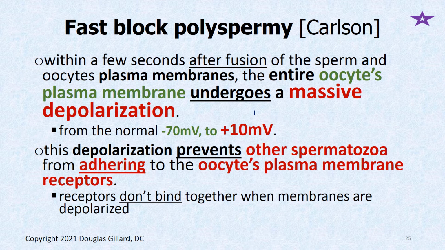So that's really, really strange. So you get a massive depolarization. And that, in and of itself, discourages other spermatozoa from hooking to the plasma membrane of the oocyte. Those receptors can't bind when the membrane is depolarized.